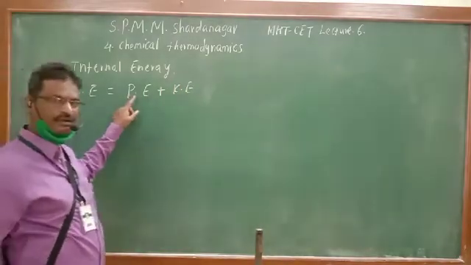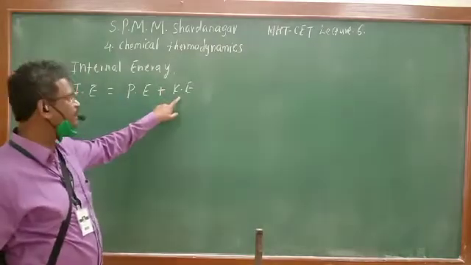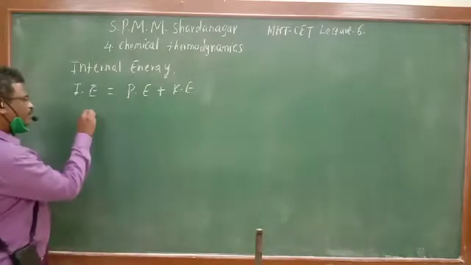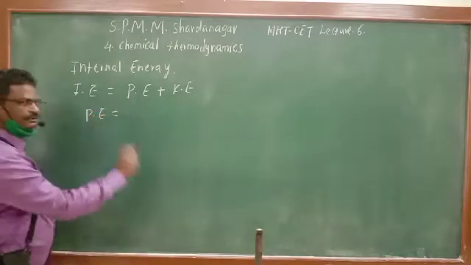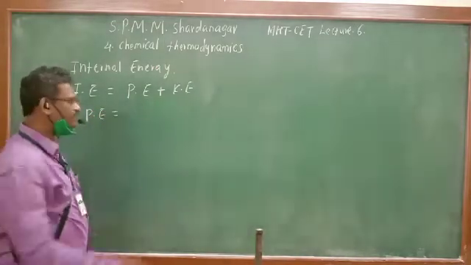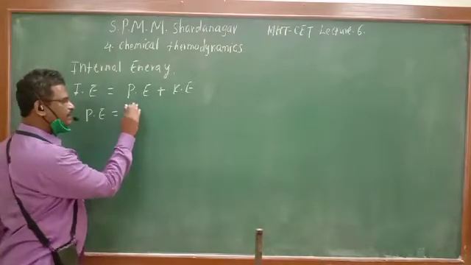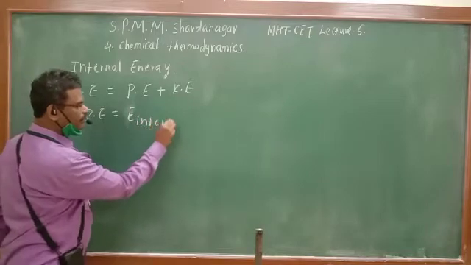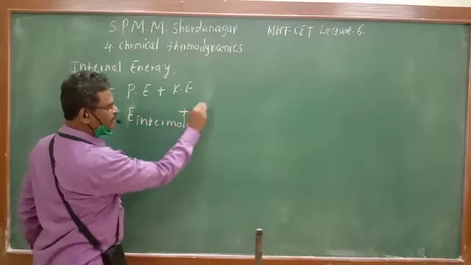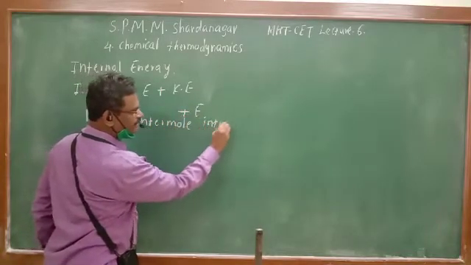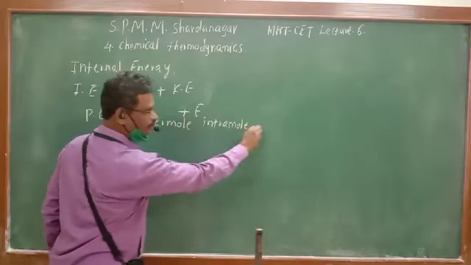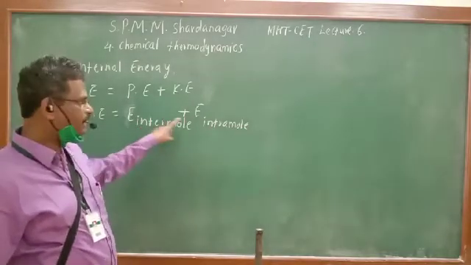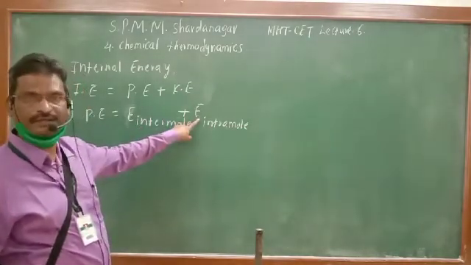Furthermore, potential energy is the summation of 2 forms of energy, that is intermolecular energy, E intermole, and intramolecular energy, E intramole. Now let us see what is meant by intermolecular energy and intramolecular energy.